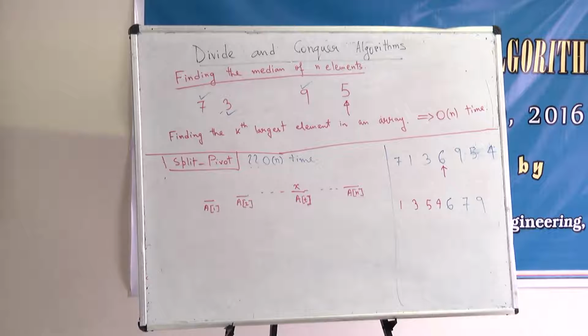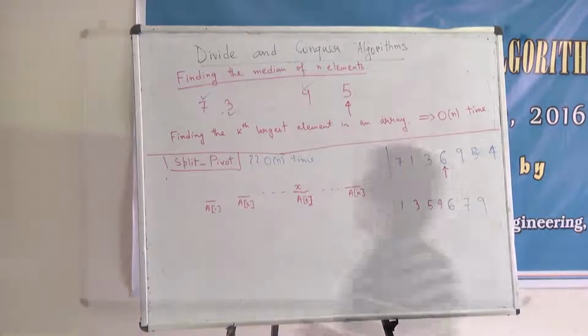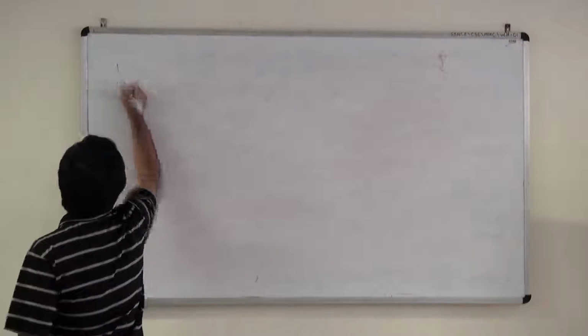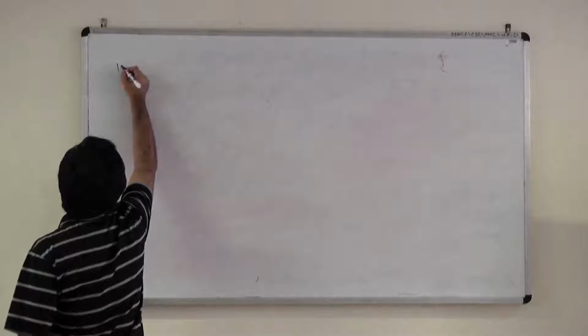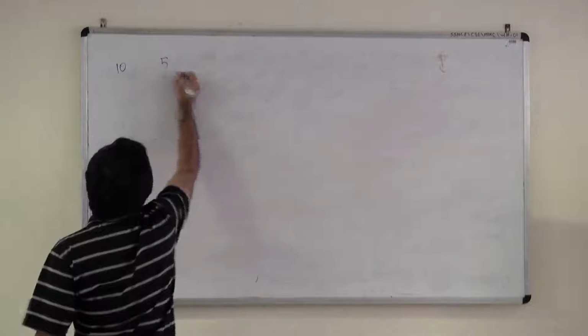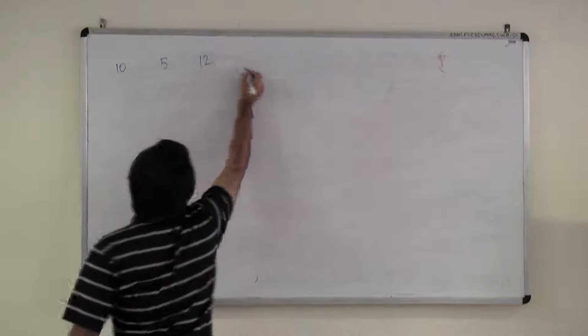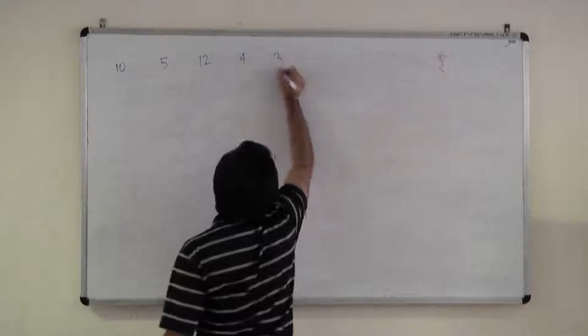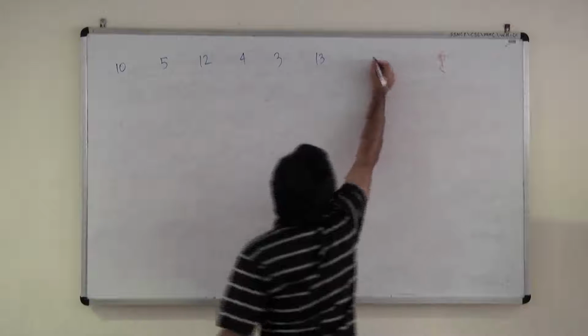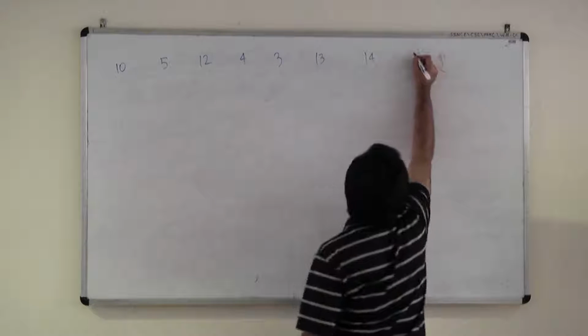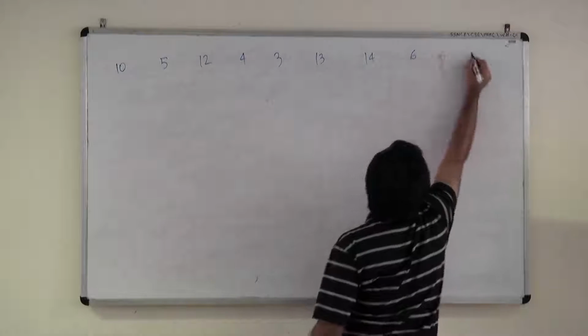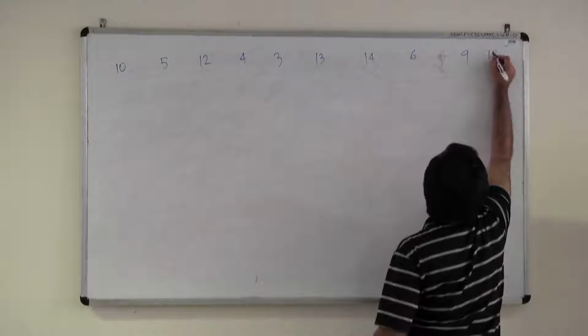But what you are saying is correct, roughly correct. So randomly write down some numbers. Say I start with 10, then 5, 12, 4, 3, 13, 14, 6, 9, 17.